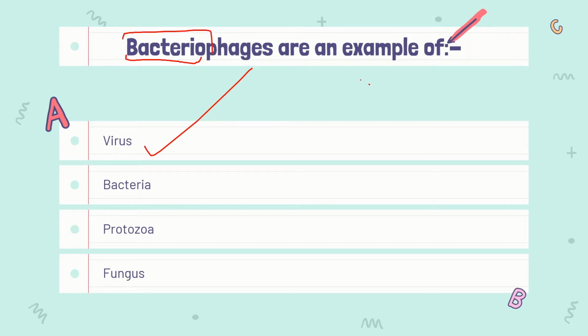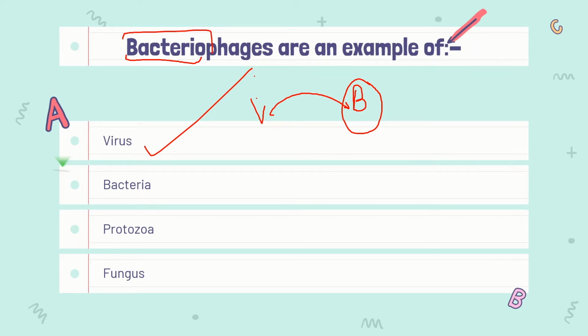This is the body of a bacteria, and this is a host on which an organism parasitizes. This virus, the bacteriophage, parasitizes a bacteria, lives in a bacteria. So this is a virus which parasitizes a bacteria.